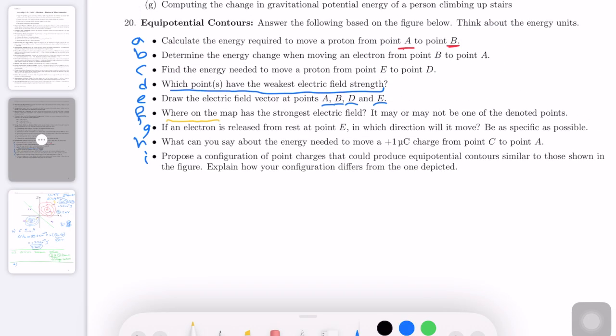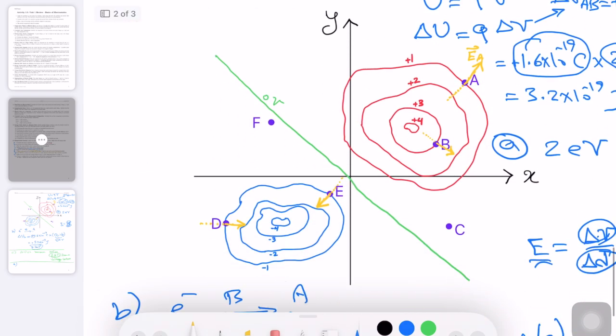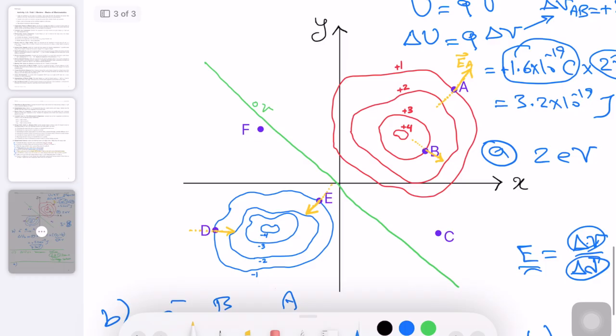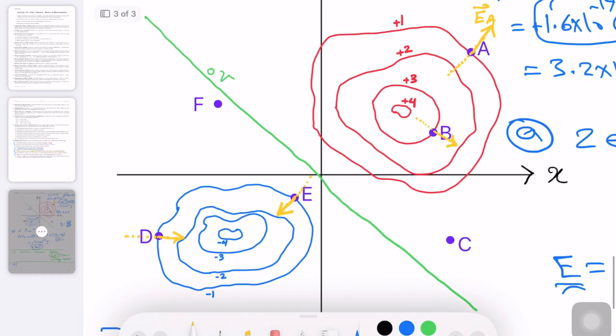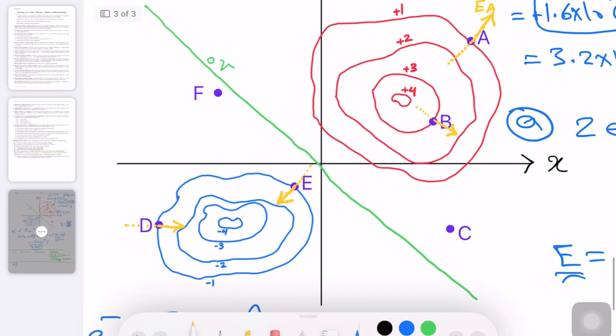Part F. Where on the map has the strongest electric field? It may or may not be one of the denoted points. So it's asking you to find the point with the strongest electric field, and it's telling you that it may not be actually one of the points that are already denoted. But what you're looking for is what point on this graph has the tightest, most compact set of contours.